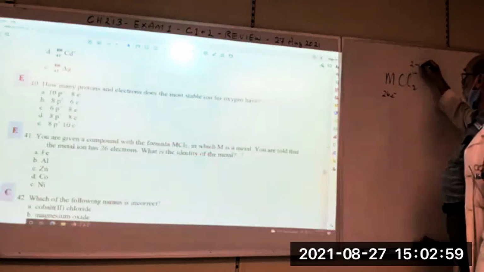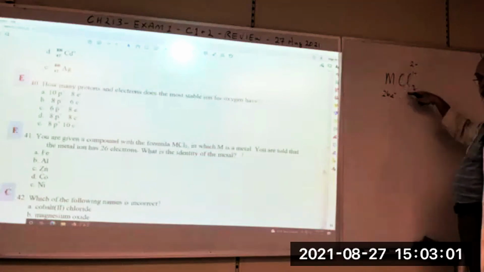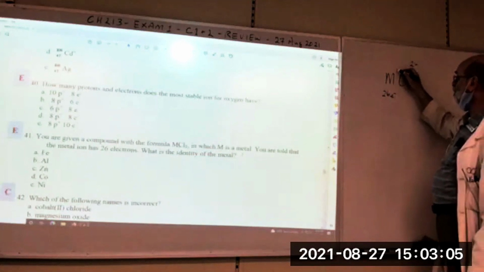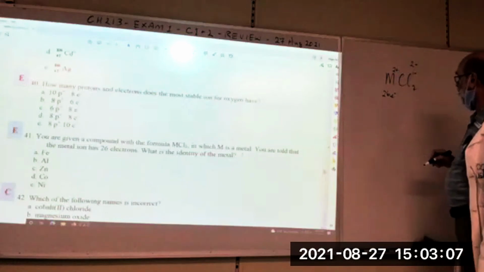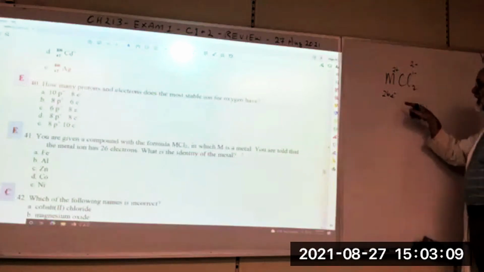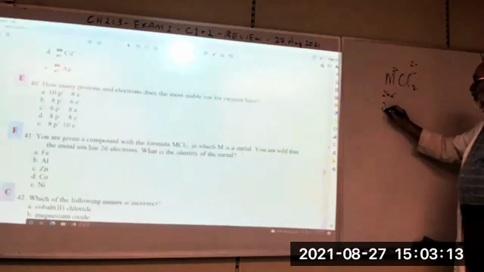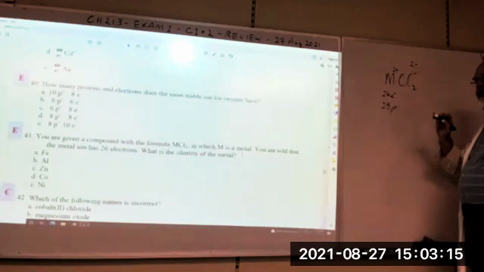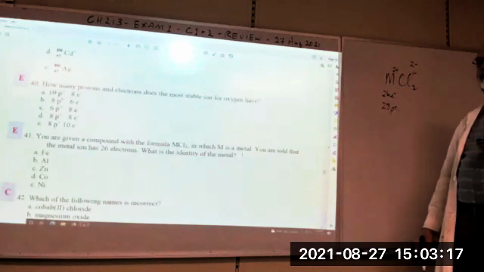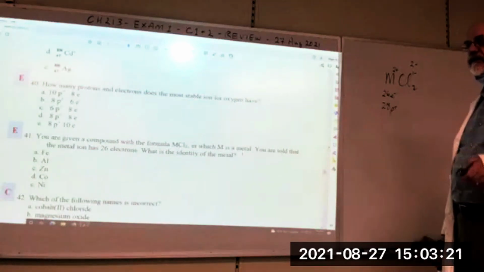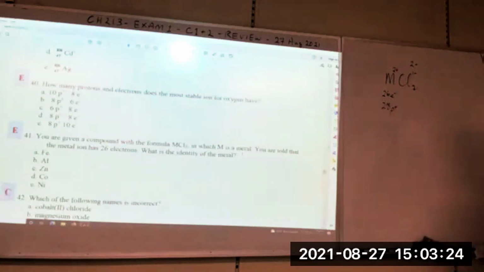So it has a 2- charge total. So that means this one metal has to balance that charge. It's got to be a 2+. Right? So if it's 2+, that means it's got 2 more protons than electrons. So that'd be 28 protons. Now we can find out where it is. 28, 28, 28. Here it is, nickel.